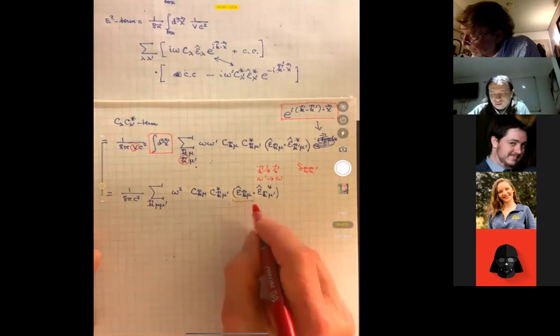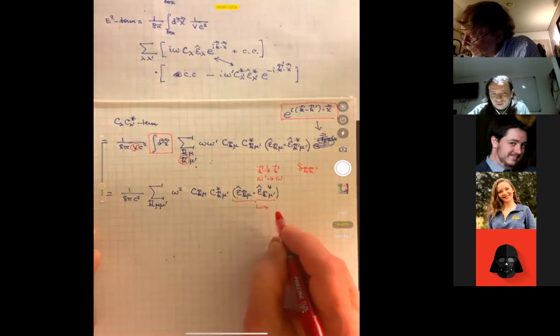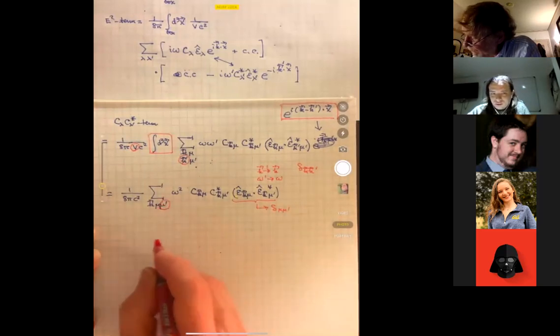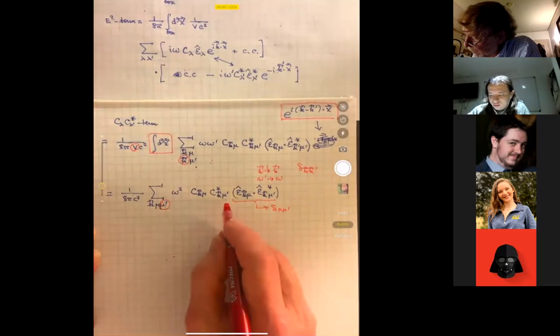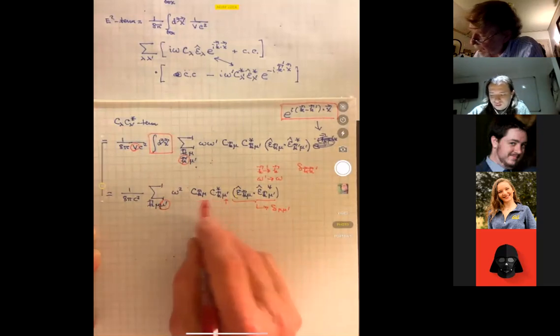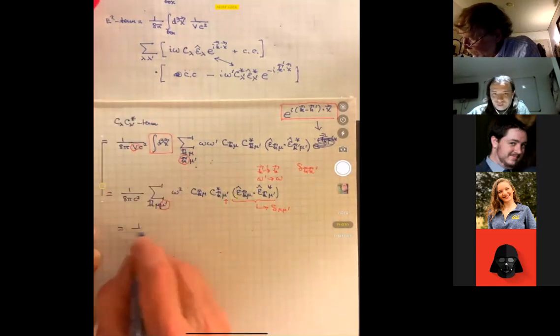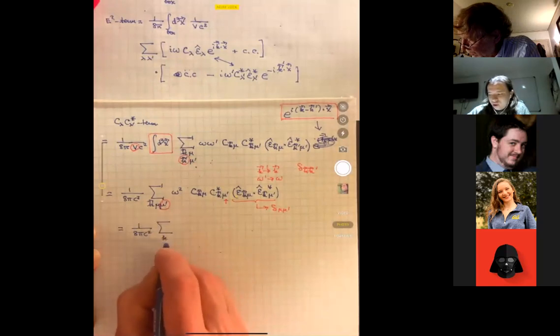Now, this dot product, because the polarization vectors are orthonormal, is a Kronecker delta mu mu prime. And so that allows us to get rid of the mu prime sum. And if we do that, mu prime turns into a mu, and so the two C indices are the same. So this becomes equal to 1 over 8 pi c squared times the sum on just a single k mu sum.